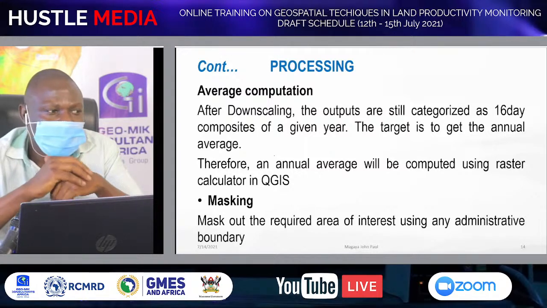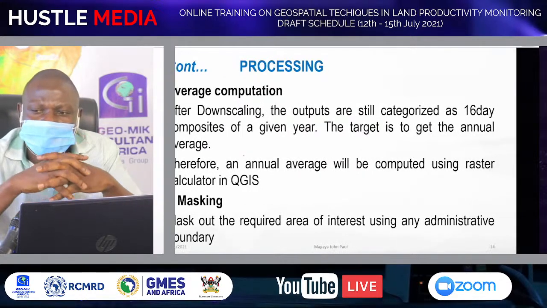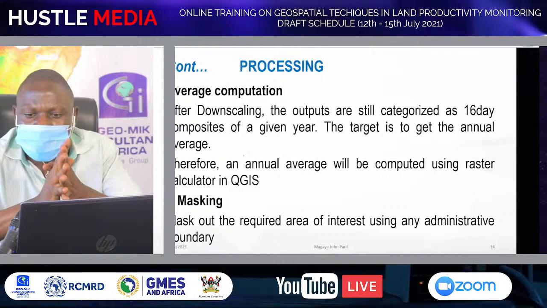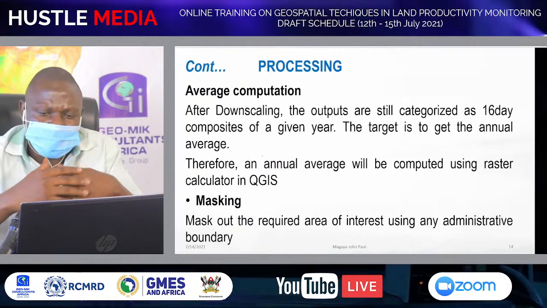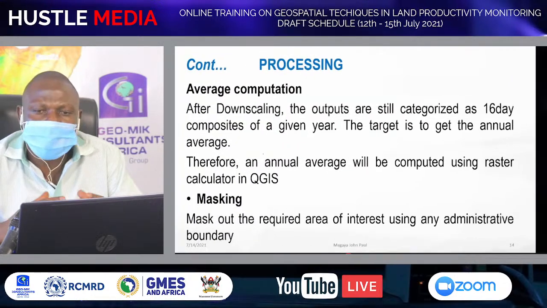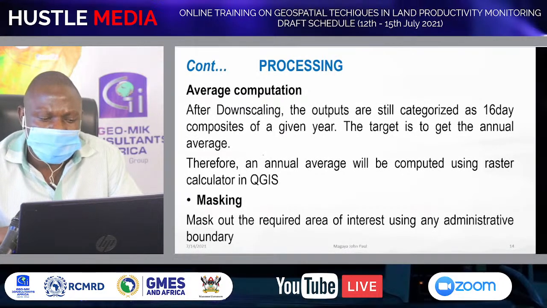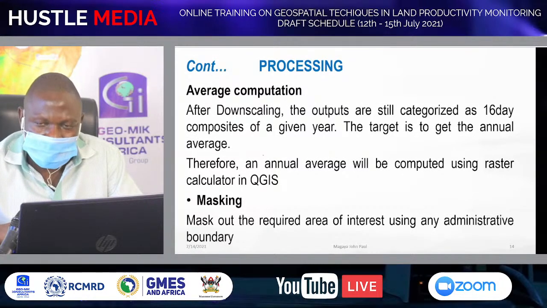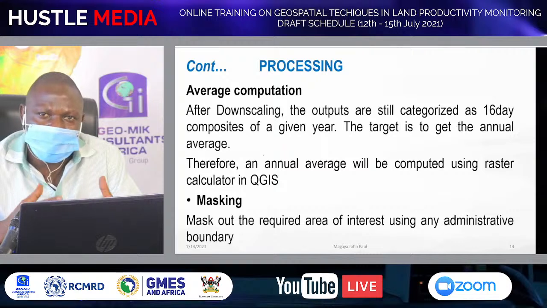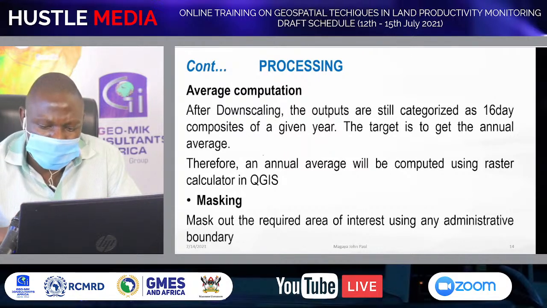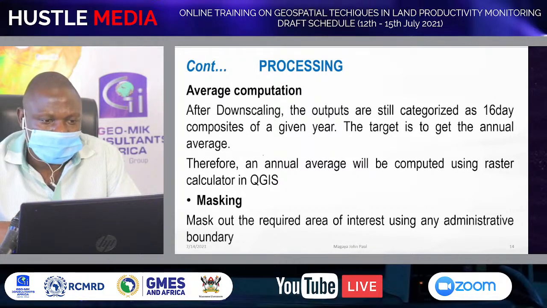So for that case, we shall be using the available administrative boundary of that particular area of interest. Then we shall mask so that we may get the accurate output of that area, ignoring the areas that were accidentally captured when we were resizing.